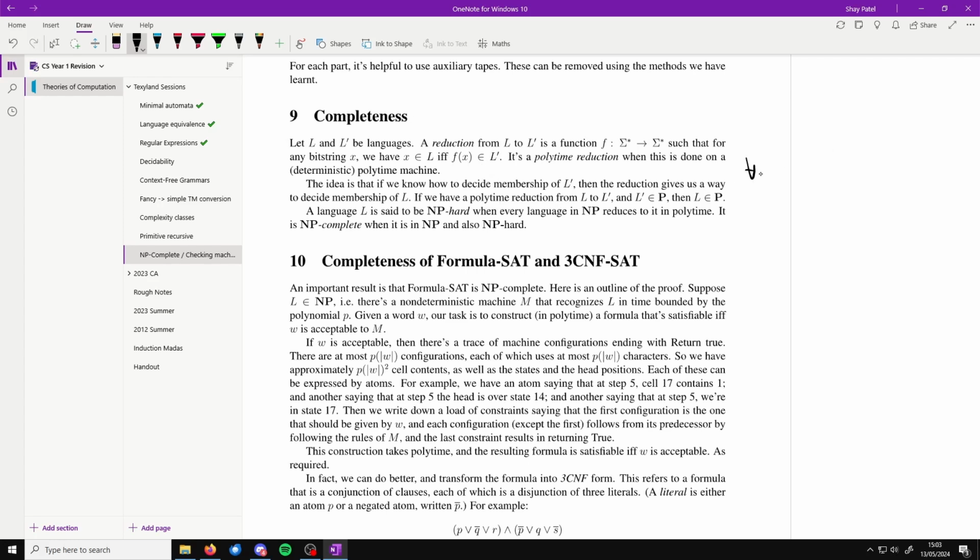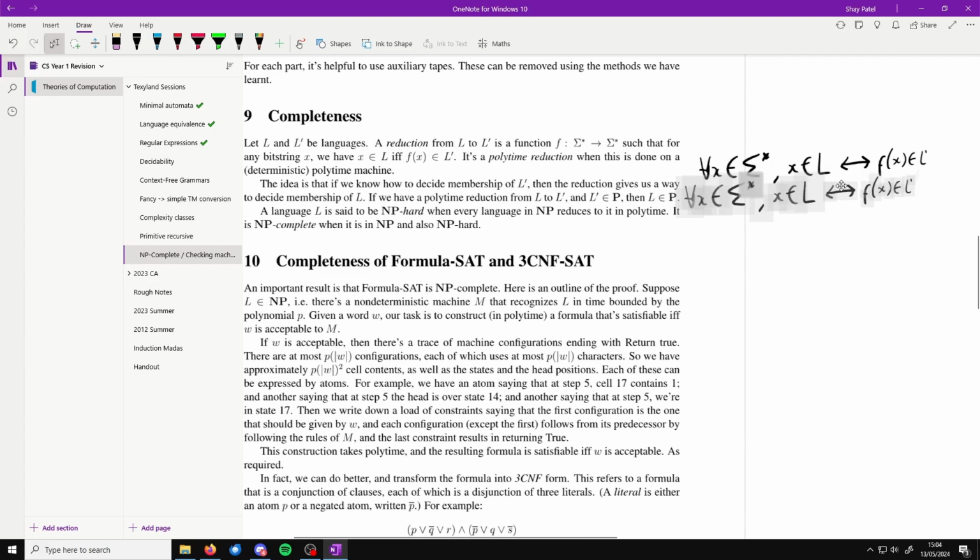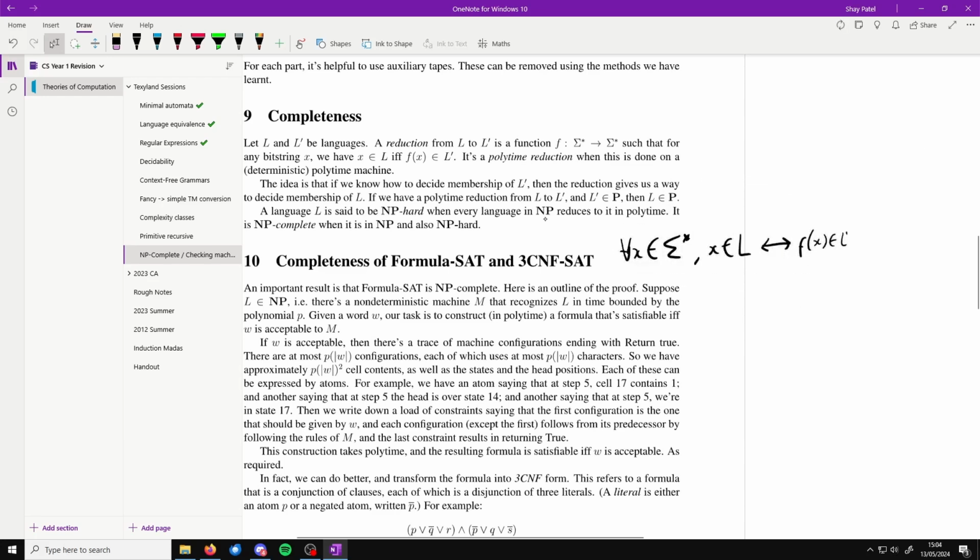So for all x in sigma star, where this is just the set of all possible words, including the empty word, x being in some language L has a two-way implication with f of x being in L prime. So all this means is there exists some function f which maps words from the language to words in this other language, and we'd say we've reduced L to the language L prime.